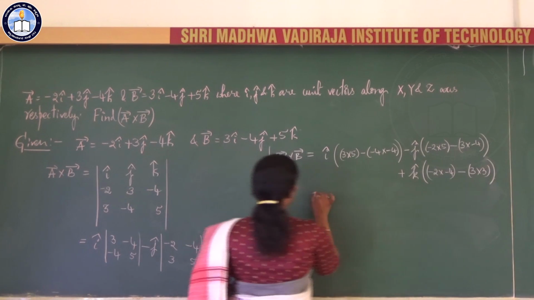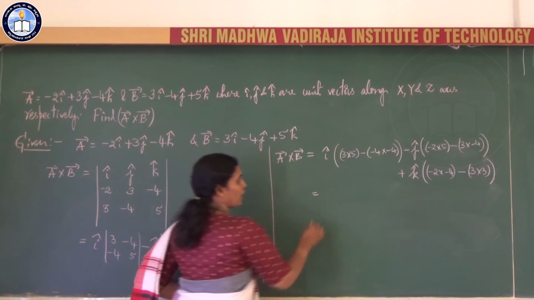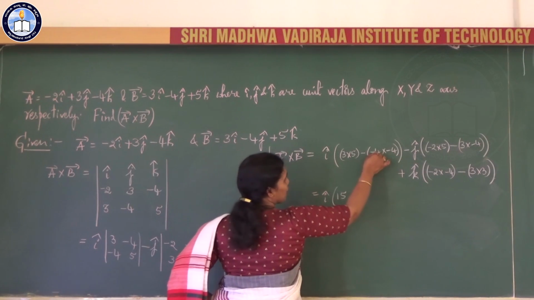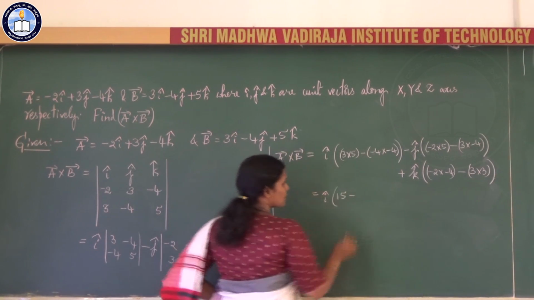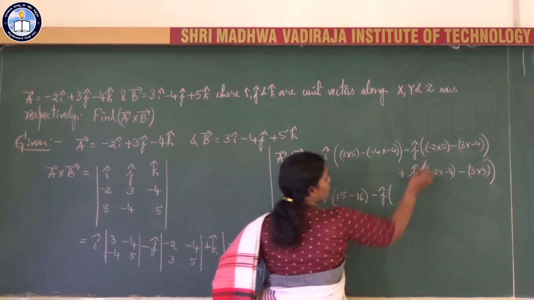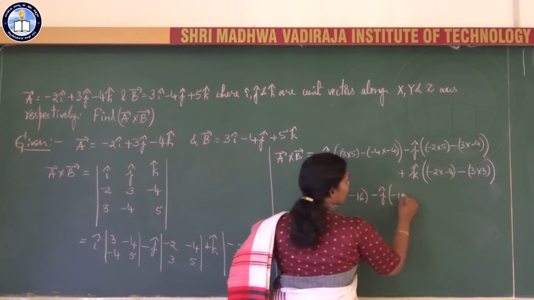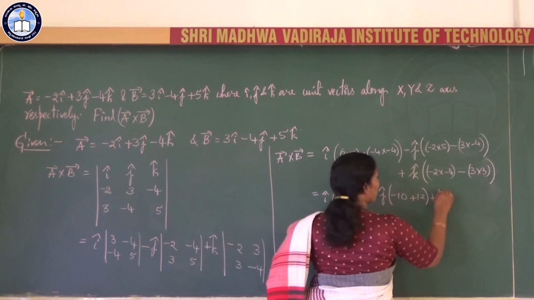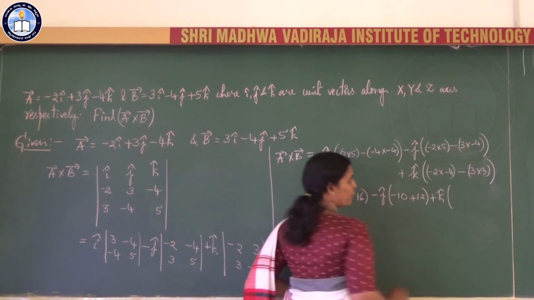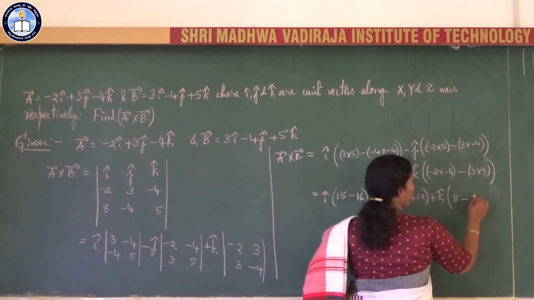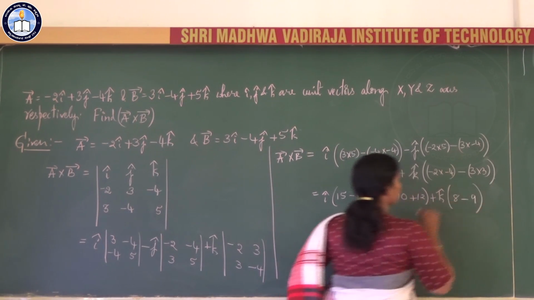So this is i cap into 15 minus into minus plus into minus is again minus 16, minus j cap into minus 10 plus 12, plus k cap into plus 8 minus 9.